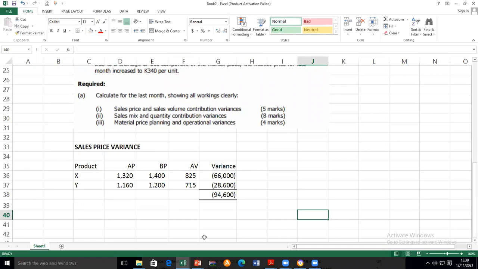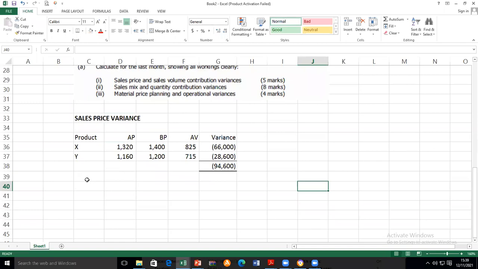Let's move to the next one, volume. Sales volume variance.